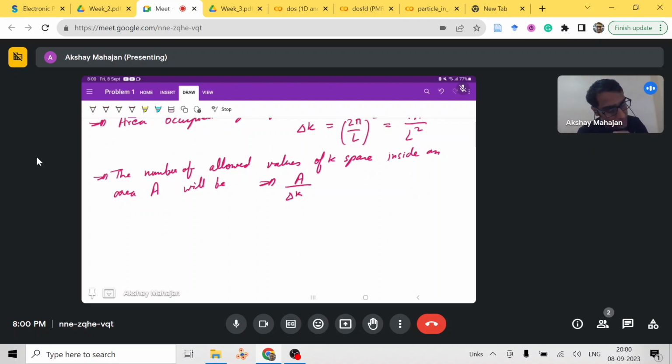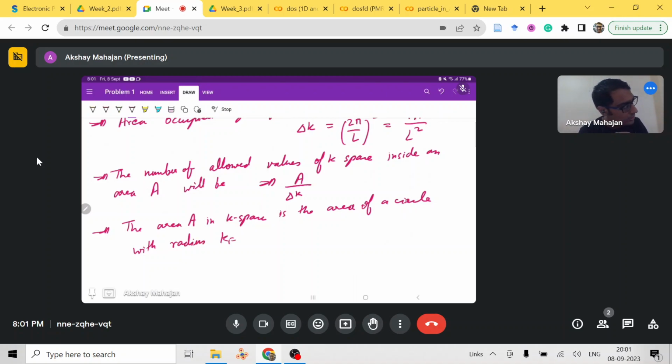Now this area A in k space is the area of a circle with radius kf.